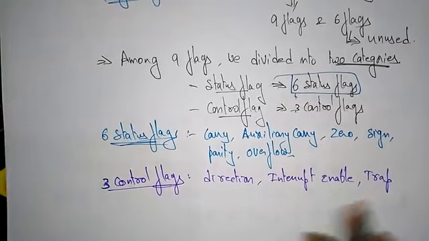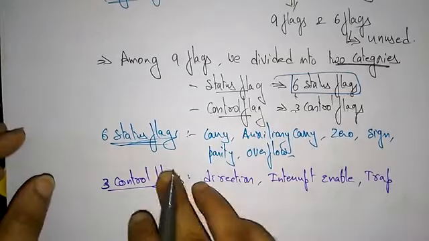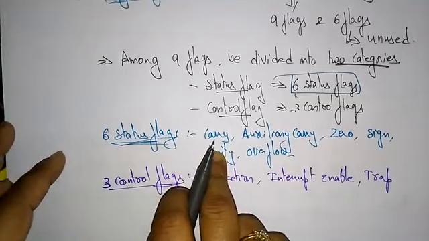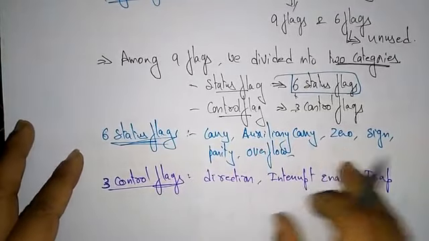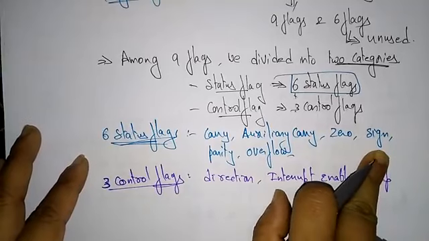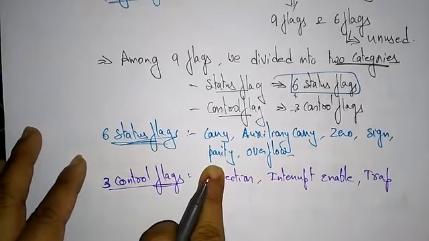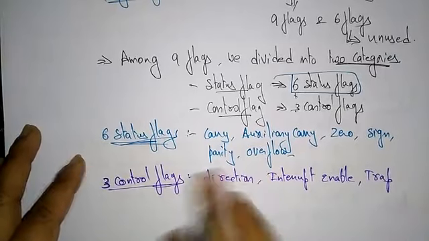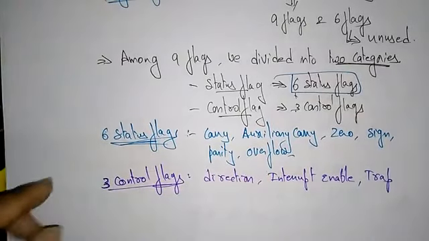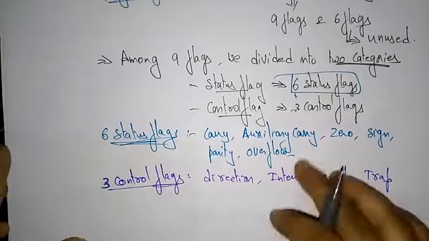So these 3 flags indicate the control status, and the 6 status flags indicate the result of the operation: whether the result has a carry, whether it has an auxiliary carry, whether you get all zeros, whether the result has a positive or negative sign, whether it has even parity or odd parity, and whether there is any overflow. So that is status flag and control flag.